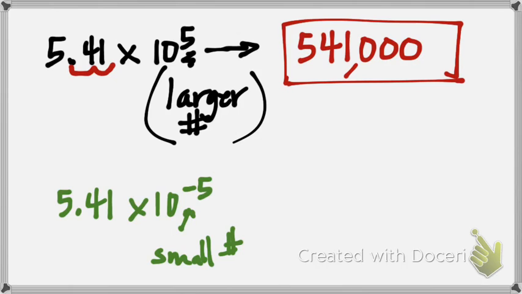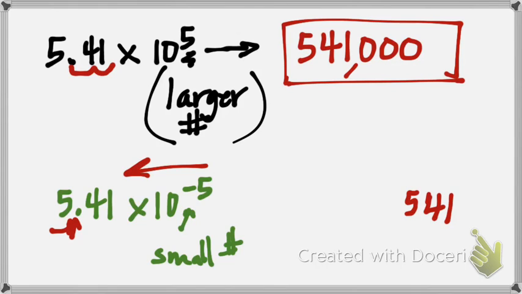So you're still going to take that 541. I'm going to start it over on the left there, and I'm going to put 541. And I know that my decimal is naturally between that 5 and the 4, and I need to move it 5 places.